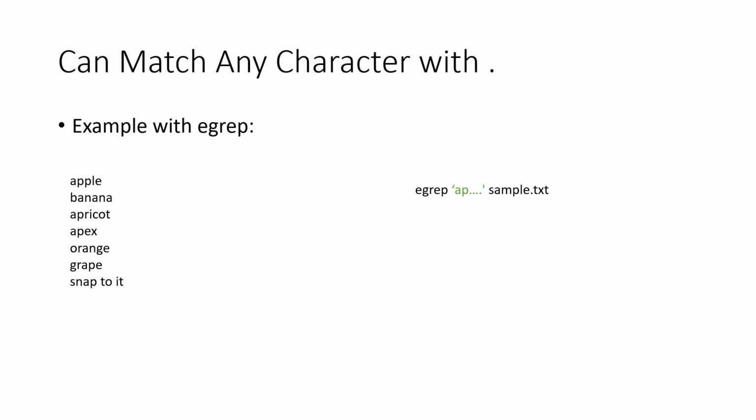It's going to find lines that have ap on them, so banana and orange are going to disappear. But the other thing is I have four dots, which means I need at least four characters after the ap, so apple is going to disappear and grape is going to disappear because even though they have ap in them, they don't have four characters after them. And so I'm left with apricot and snap to it because they have ap in them and then at least four characters following.